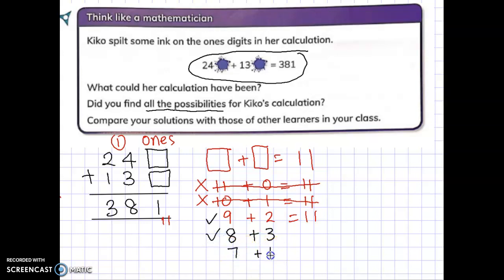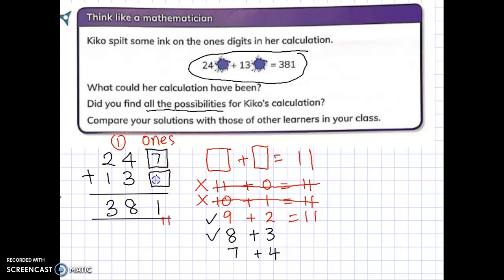7 plus 4. Now as we move on, you can see a pattern. This column is decreasing by 1: 11, 10, 9, 8, 7. And in this column, there's a pattern and it's increasing. So let's see, 7 plus 4 equals 11.